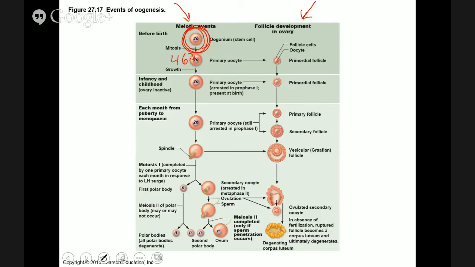And what's going to happen is it's going to grow, and it's going to have 92 chromosomes in this structure here. And then once we get to that, it just stops. It's kind of arrested. They call it arrested in prophase 1. It's in suspended animation. It's not doing anything.